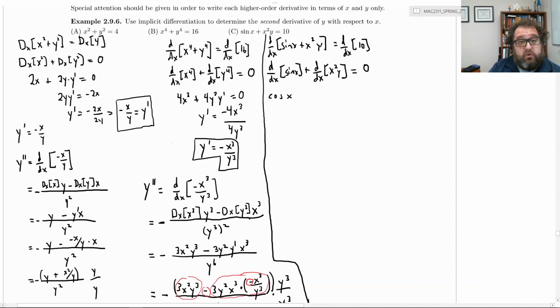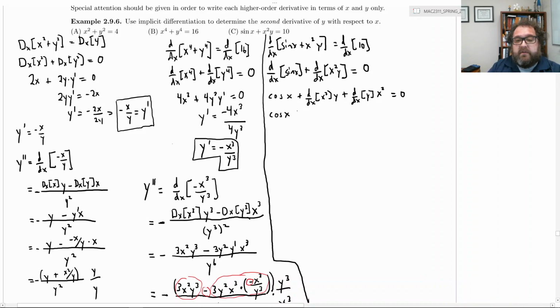We must apply the product rule. So we write the derivative with respect to x of the first term times the second term plain, plus the derivative with respect to x of the second term times the first term plain, equals 0. Taking those individual derivatives now, we have the cosine along for the ride.